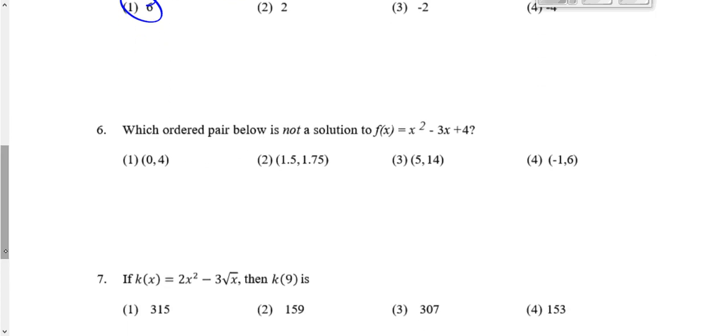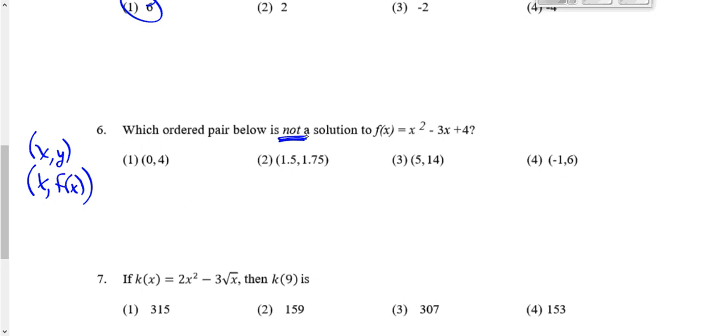Now remember, these ordered pairs are x comma y, right? But what do I say we replace a y with? So you can think of them as just x comma f of x, if that helps. It's still input, output, isn't it? Is there a key word in this question?